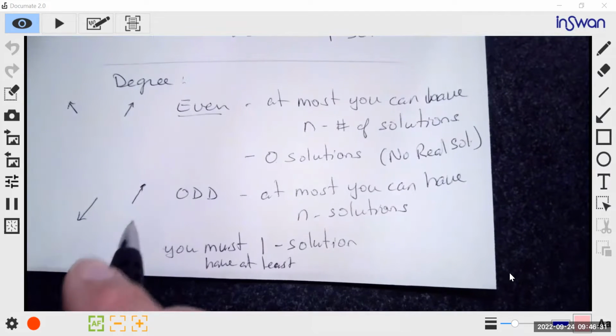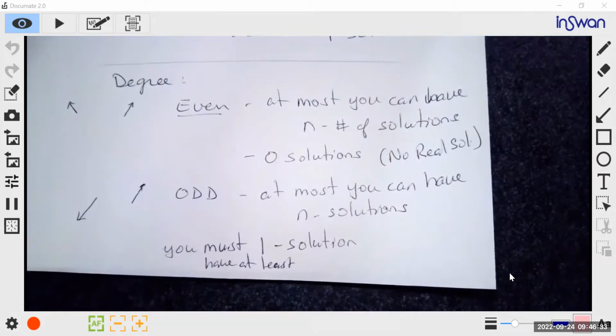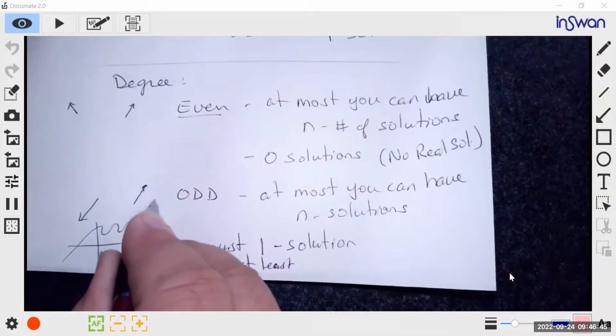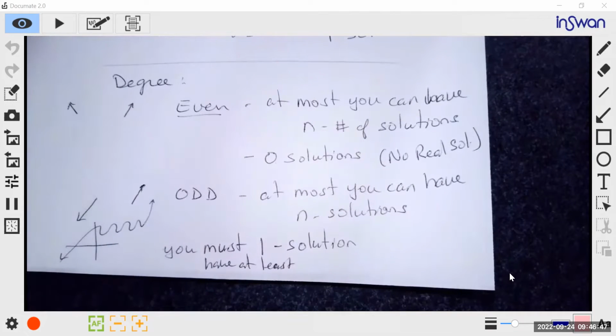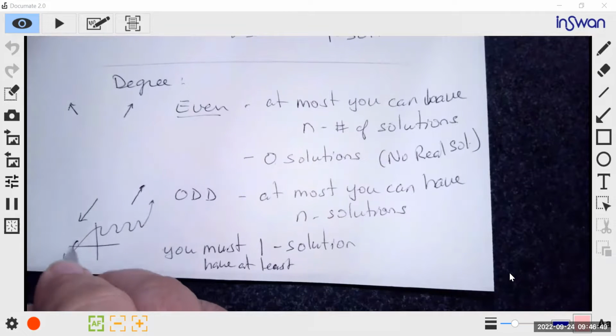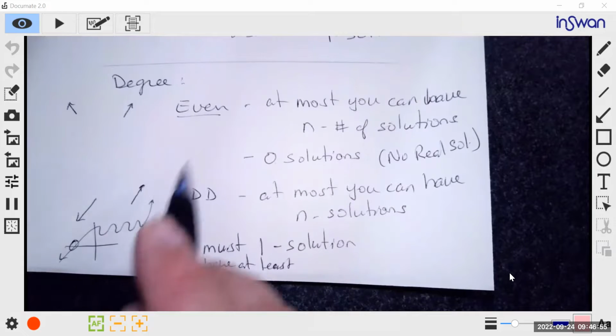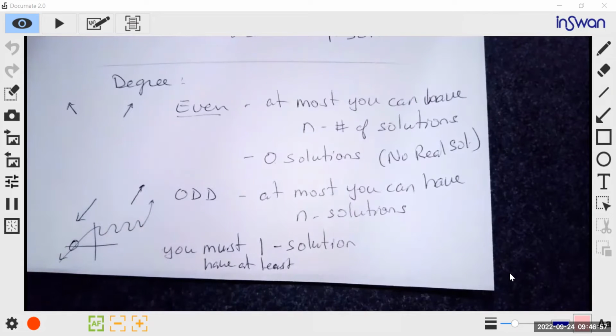So one of those sides has to at least cross the x-axis once. And you can have a function that looks like this, but it has to have one x-intercept, because both ends point different directions.